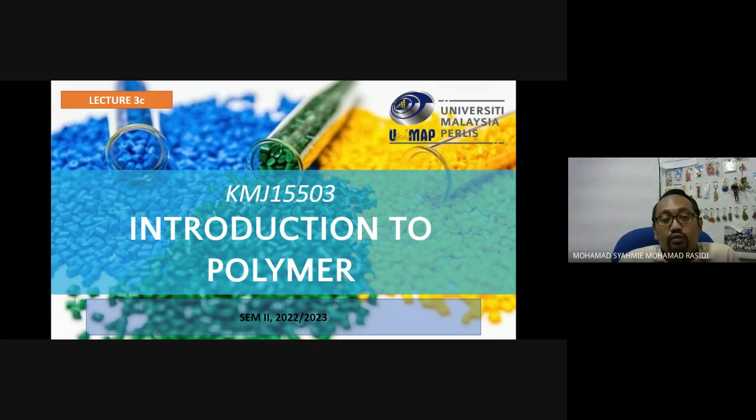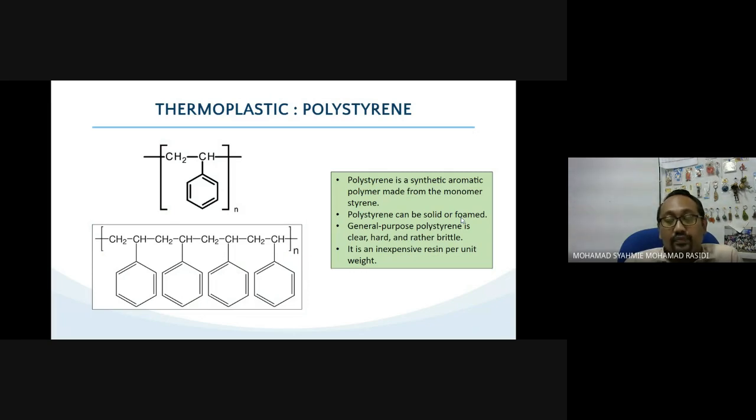Same topic, same family, which is thermoplastic, and let's see what else is categorized under the thermoplastic category. The upcoming thermoplastic family is polystyrene. It is considered a polymer because of the repeating unit, or monomer, which contains styrene.